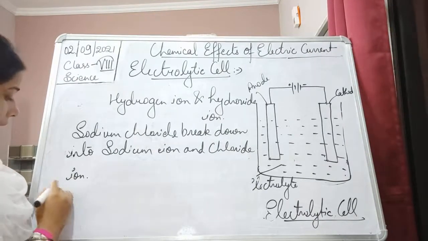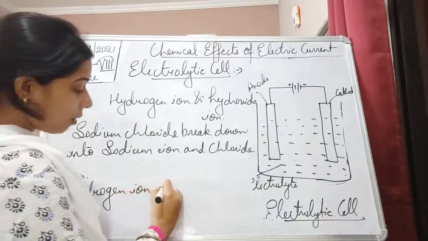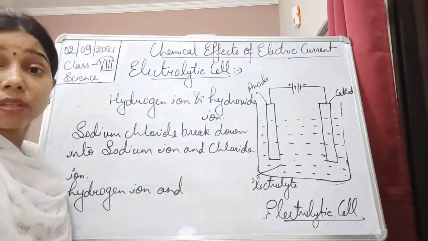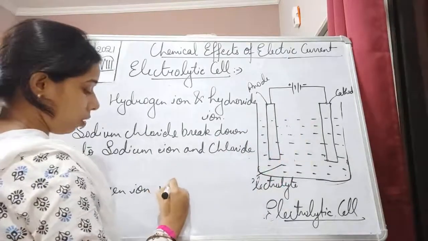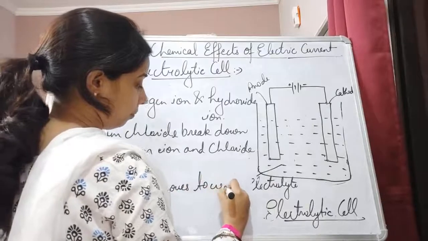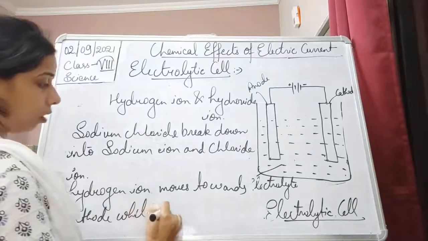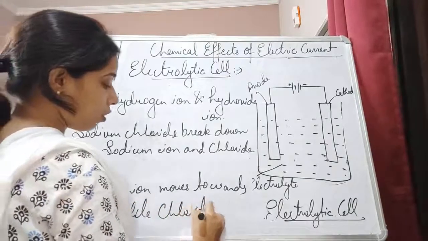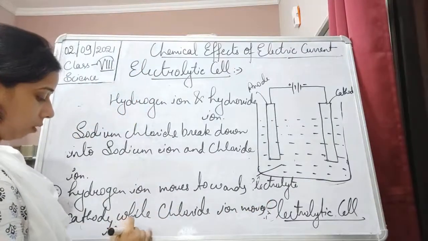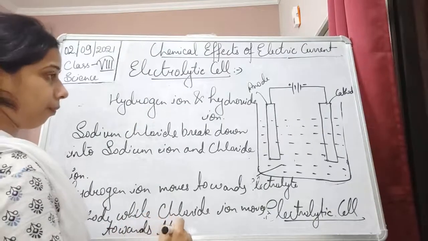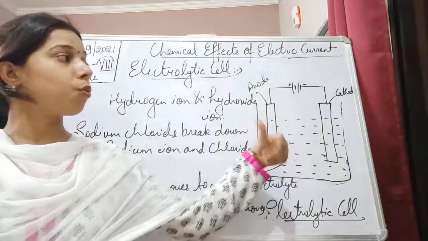Now what happened? The hydrogen ion, which is a positively charged ion, will move towards the cathode, while the chloride ion, which is negatively charged, moves towards the anode.